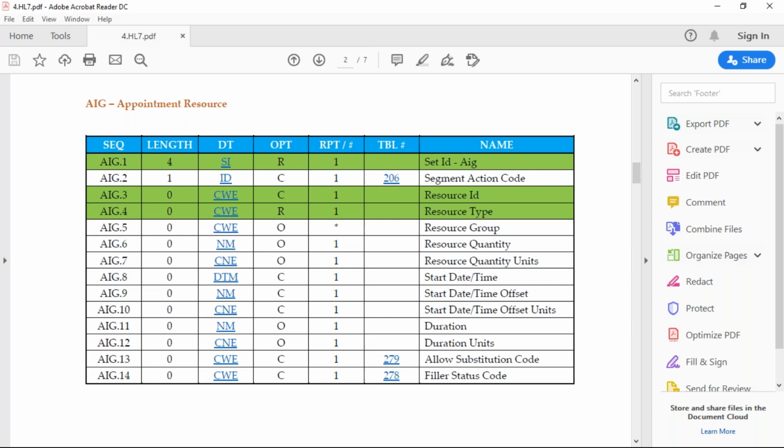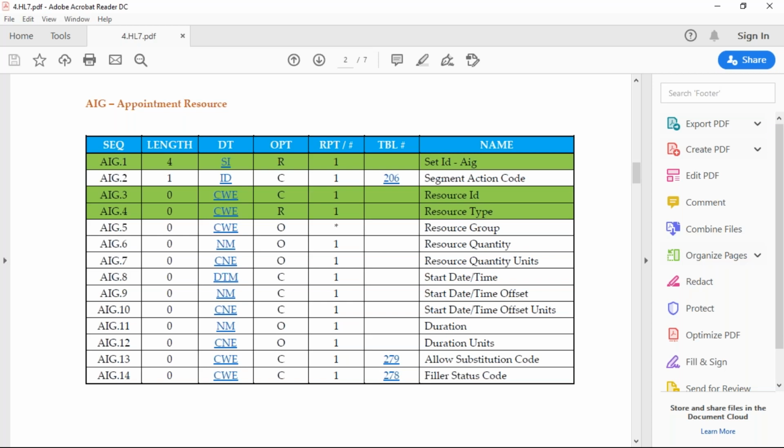Now let us consider the scenario on the other side. Let us say the appointment is being scheduled for an X-ray, or for an ECG, or for an ultrasound or something. When an appointment is scheduled for these things, the resource will be that X-ray room or lab room, or if it is an MRI, then the resource ID will be the MRI room or the MRI location, and the doctor will be the radiologist who is actually operating at that particular room.